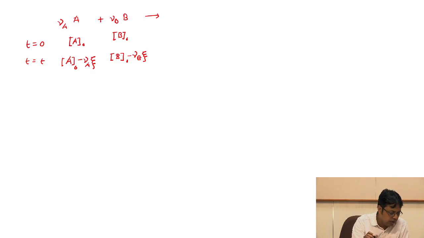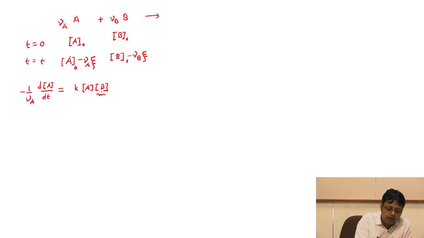So now the problem here is that if I write dA dt, or minus 1 over nu a dA dt, it is now some rate constant into a into b. So b is appearing here, so I have to write b in terms of a, otherwise I cannot solve it. Now I can actually write it very easily. So this is a right now, and this is b.